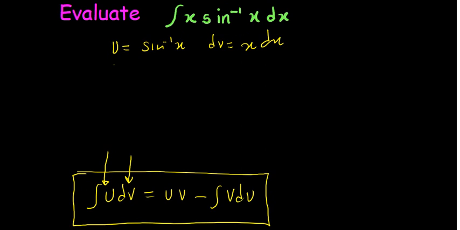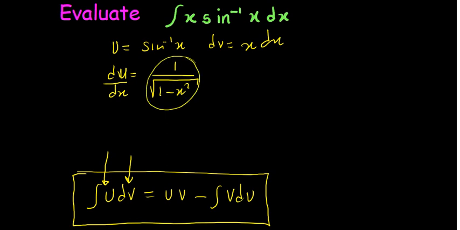From here I'm going to find du. du is simply the derivative, so it's du over dx, the derivative of u with respect to x. Whenever we're talking about sine inverse, this is always 1 over the square root of 1 minus x squared. If we are not able to do this one, we can check out the video in the description that gives us the link to how to differentiate sine inverse.